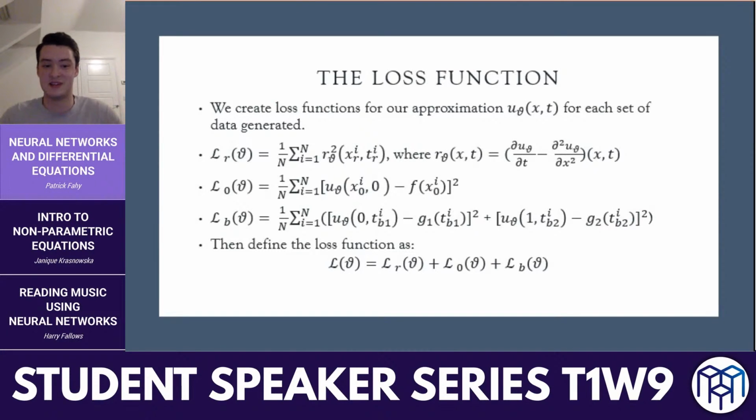And then similarly, for the initial condition, the second loss function, we can see the error of our approximation against what we should have, as well as the boundary conditions in the last one. So then we can define our main loss function as the sum of these three. Or you could weight these differently to give one part more preference if it's quite important for you to get it right. So yeah, next slide, please.